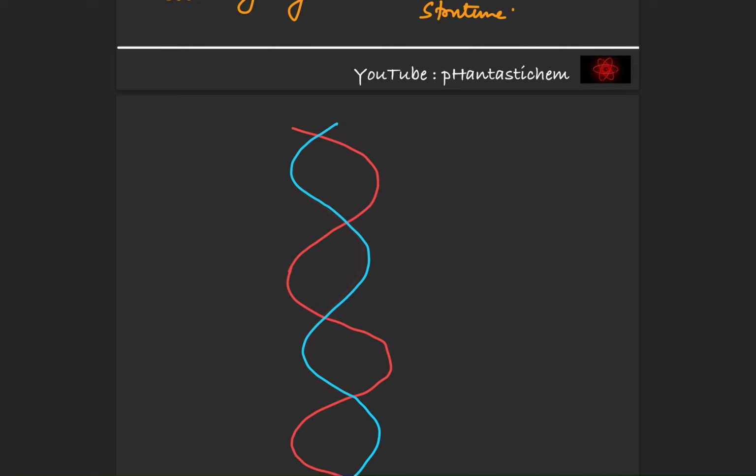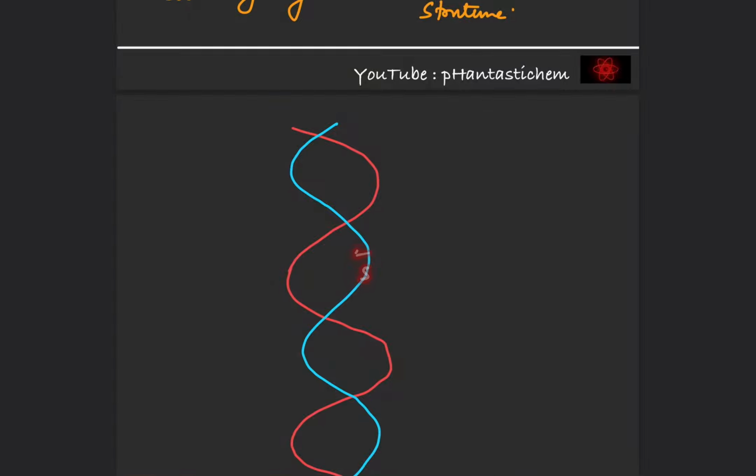Okay, so the backbone of each strand consists of sugar phosphate units. Very important. So here we have sugar molecules which will have base connected to it, sugar and base connected to it, and it continues throughout this strand.